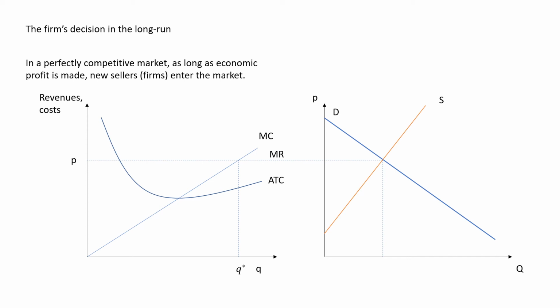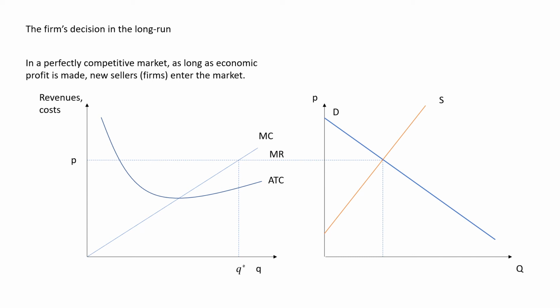So the total quantity, uppercase Q, is number of firms times the firm's output. So N times lowercase q. You can already see that at Q star, the firm still makes a positive profit, an economic profit.